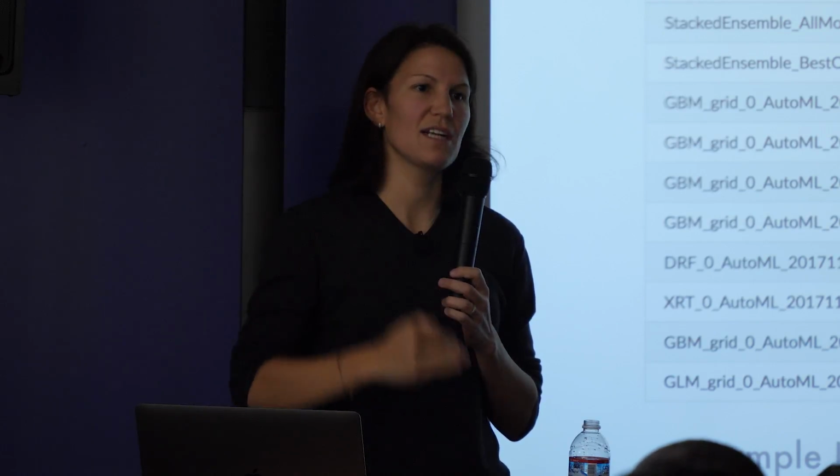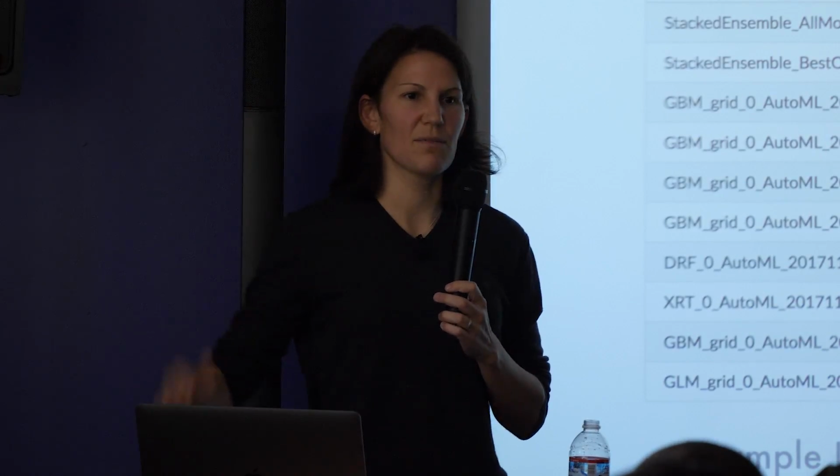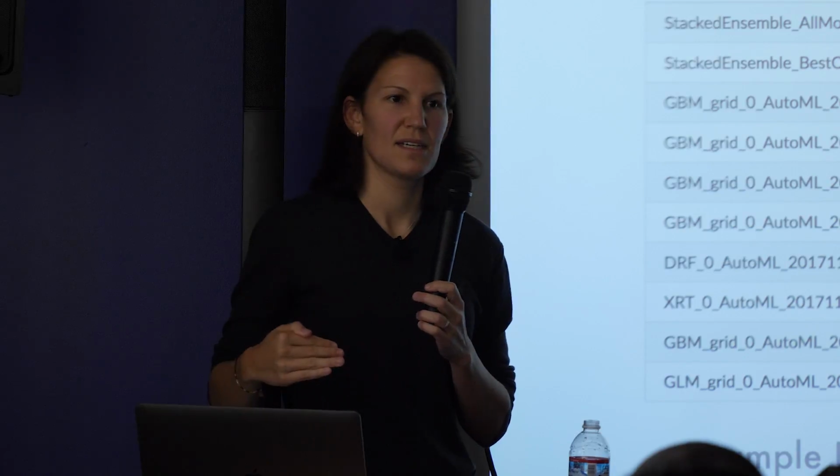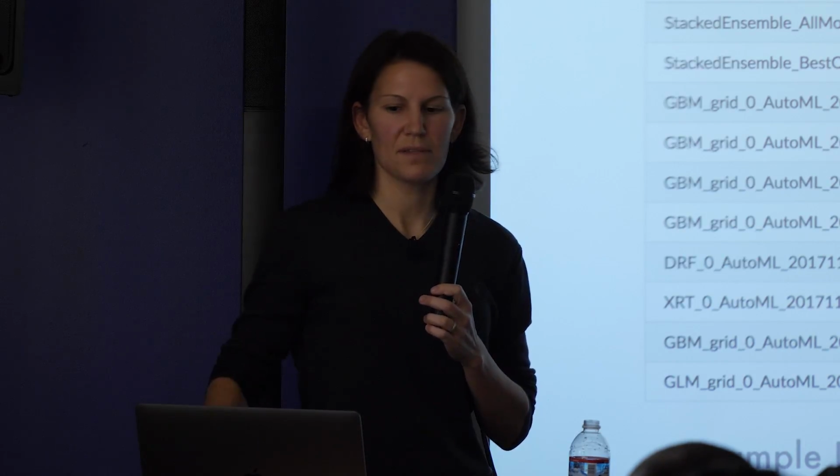TensorFlow is very good at things like image data or speech data, or in a lot of cases time series, and text can be treated like a time series, a sequence of words. That's very different from traditional business data, tables with rows and columns.